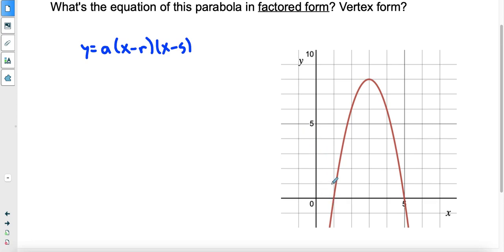Looking at this parabola, I can see my x-intercepts are at x is equal to 1, that's one of my x-intercepts. My other x-intercept is at 5.